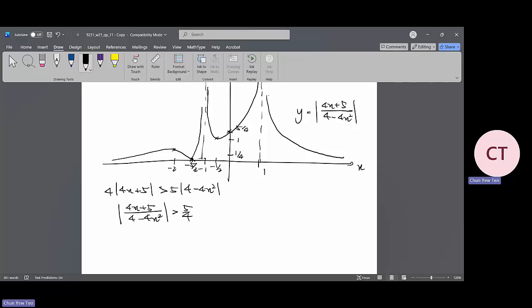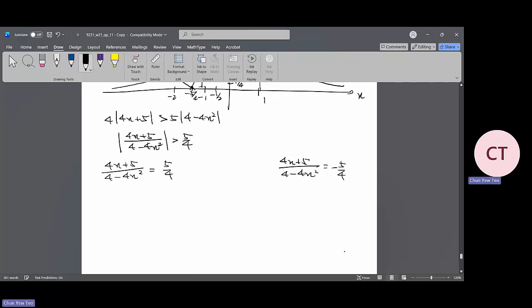To find the 4 intersection points, we need to let them be equal first. Take away the modulus. We let them be equal. This one is positive. Another one will be negative. So solve it carefully.